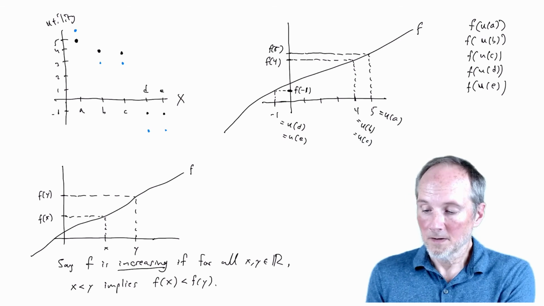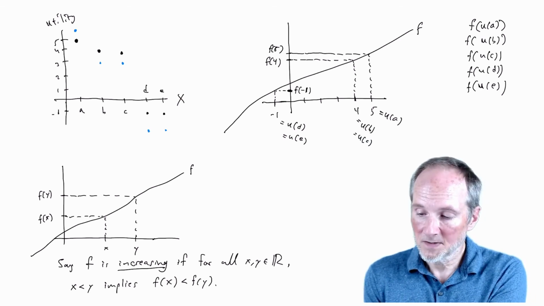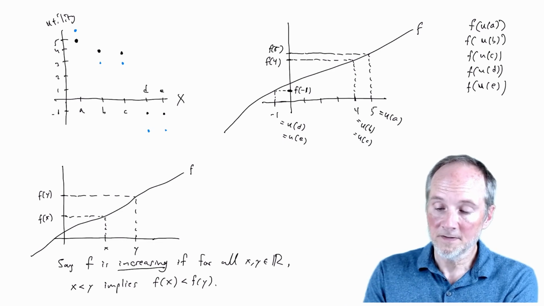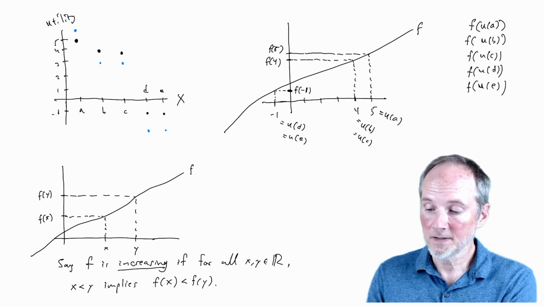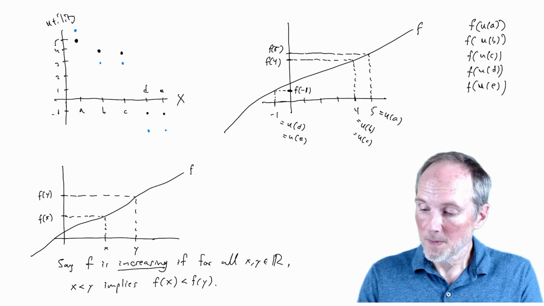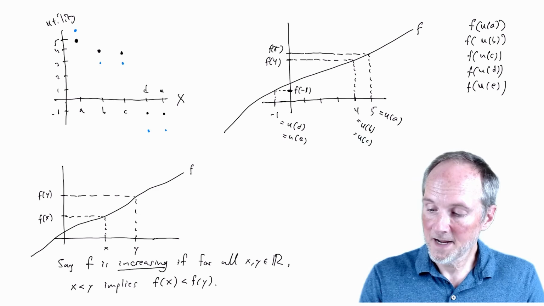Remember, U is a utility representation, so whenever one alternative is preferred to another, it has a higher utility. Well, that's also true if I then plug those utilities into f.